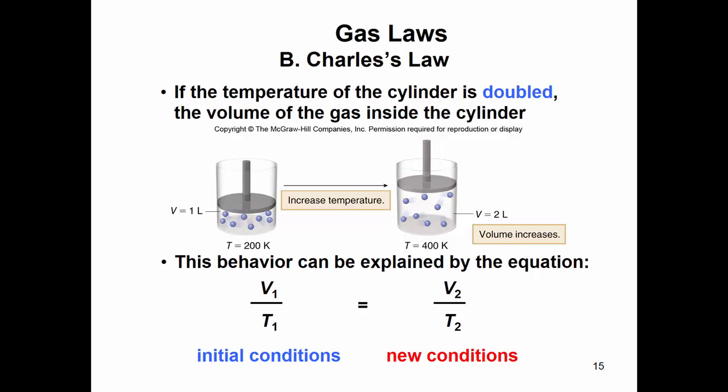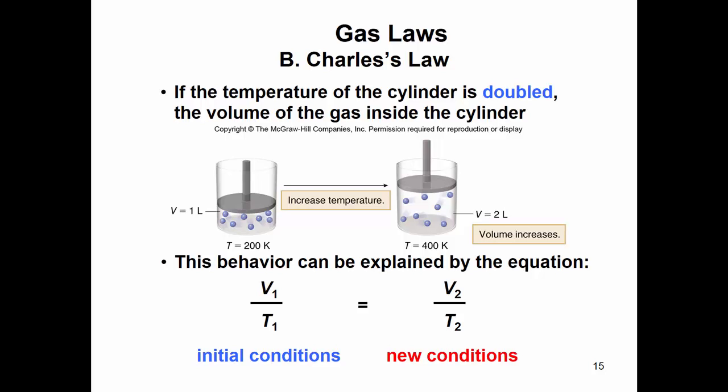So if the temperature is doubled, here we're at 200 K on the left, in this cylinder the volume is 1. If we go up to 400 Kelvin, we double the temperature, we're going to double the volume. If you heat a gas, the molecules are going to expand.